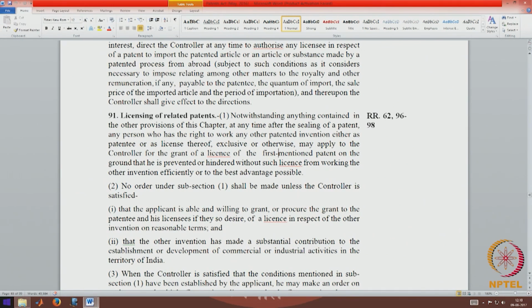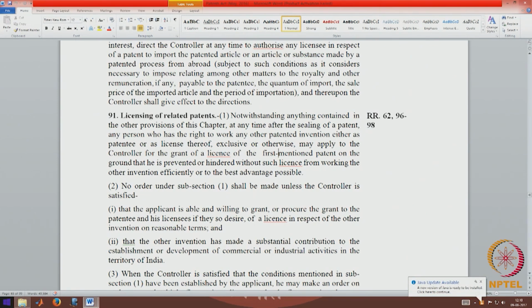We had already covered that. So you need to bear the details from section 84 to section 90 in mind so that you understand 91 better, because 91 presents an entirely different picture of the use of compulsory licenses.